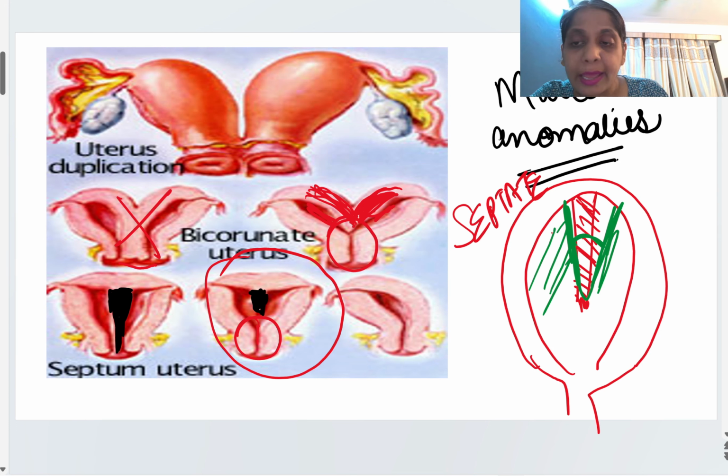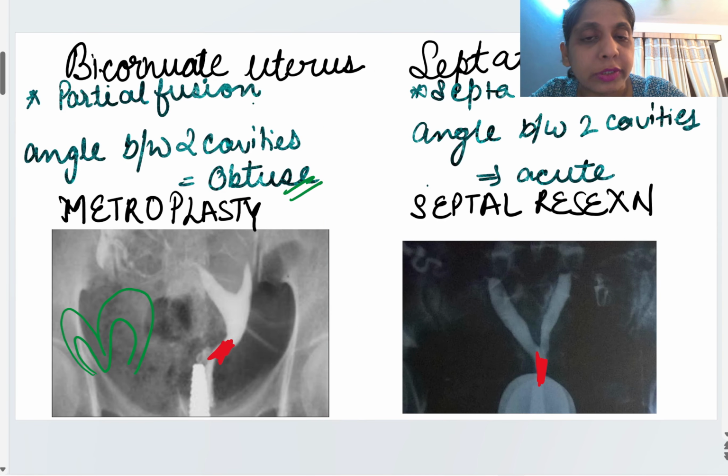Okay, and the angle between the two cavities in the case of bicornuate, where there was uterine wall in between, is obtuse, because the uterine wall is there in between, right? The angle is more because the uterine wall will occupy some space. Whereas in septate uterus, as the septa is thin and there is no uterine wall, it will occupy less space, so the angle is acute.